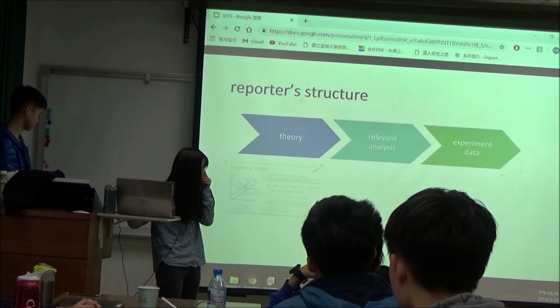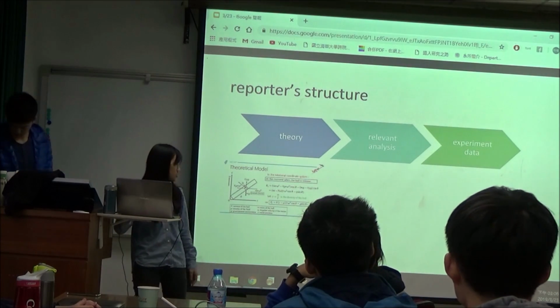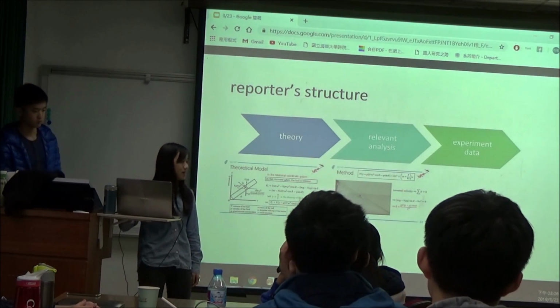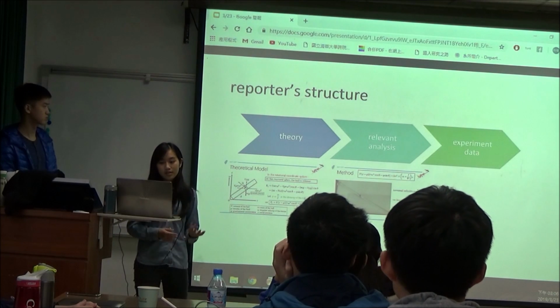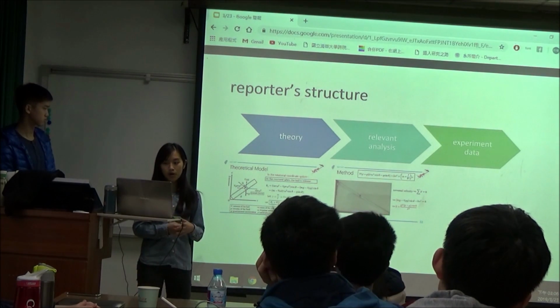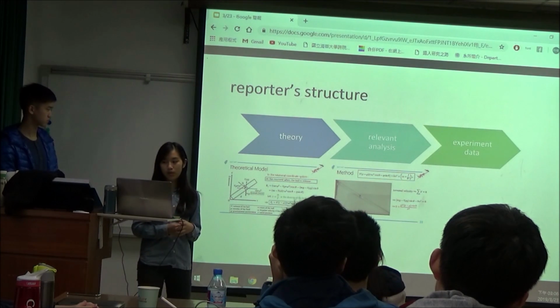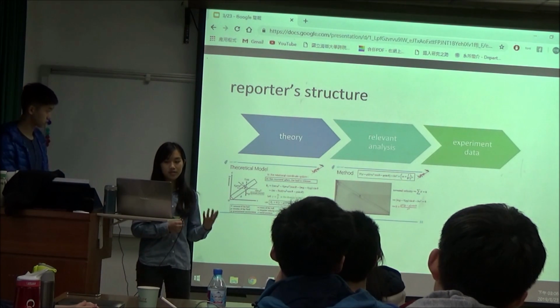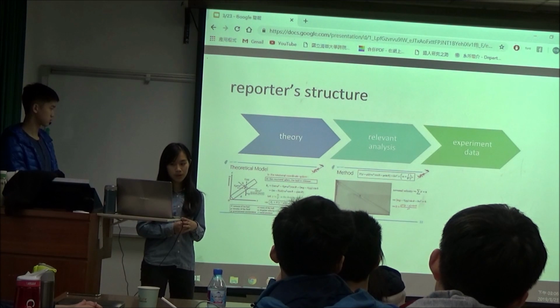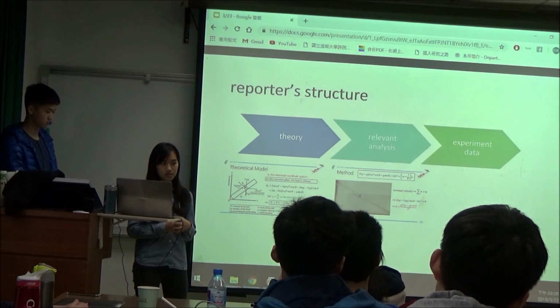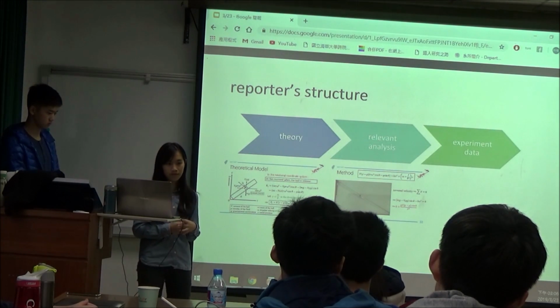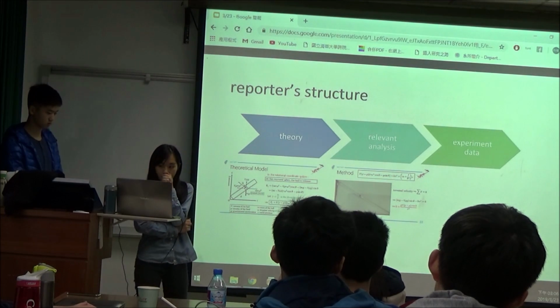The theory that I just talked about, and the relevant analysis, is not an essential part of your report, but if you did some relevant measurement for your experiment, that will be great. For example, in these years' looping pendulum, I saw a lot of your teams did measure the friction coefficient of it.